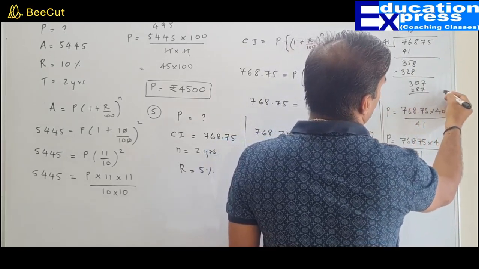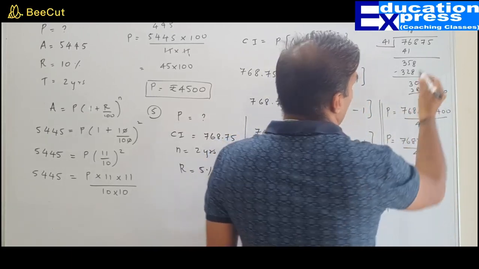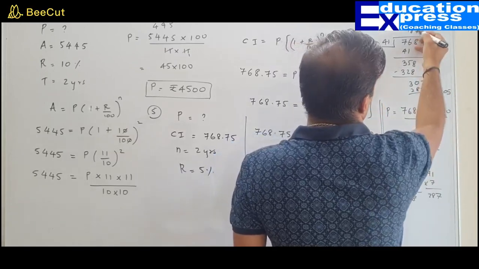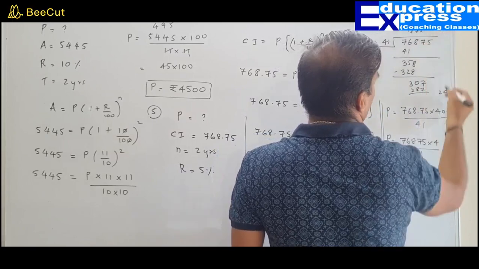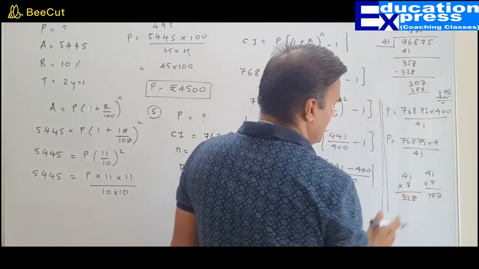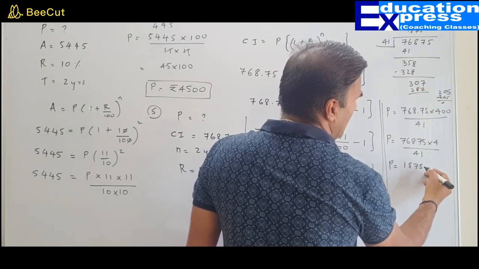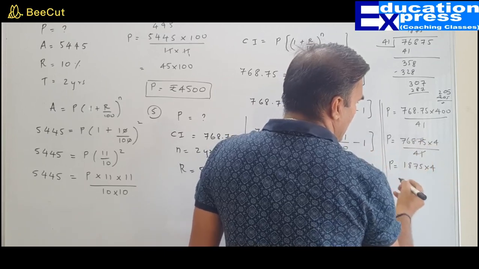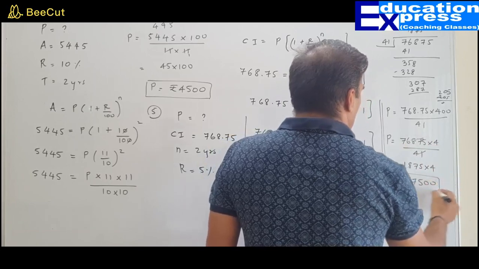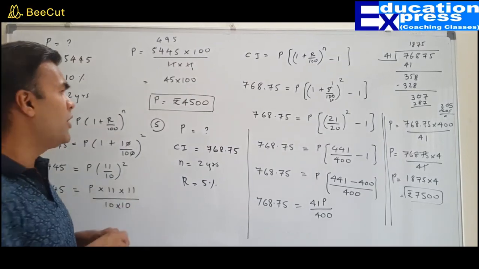So we are left with 20. And then 5 comes down. 205. 41 fives are 205. So 1875? Yes, sir. So P equals 1875 multiplied by 4. That gives me rupees 7500.